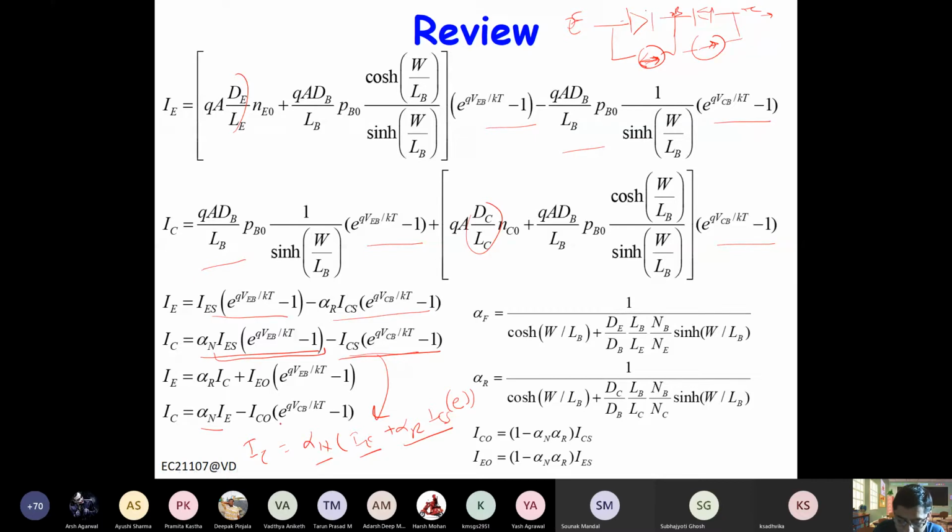So that will be minus ICO exponential QV by KT, and then ICO is given by 1 minus alpha N alpha R ICS. So this is 1. Now this is alpha N times alpha R. Well, this is plus sign, so 1 minus of minus will be plus. And similarly, you get expression for IEO. And then alpha F and alpha R, they are similar. Only thing is whatever is emitter is replaced by collector here for alpha R.